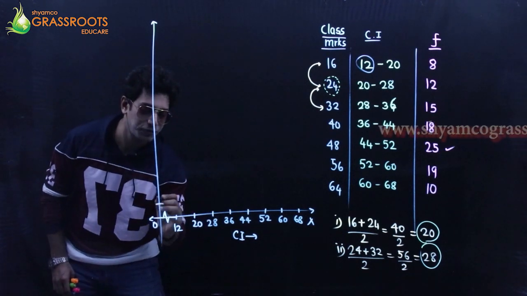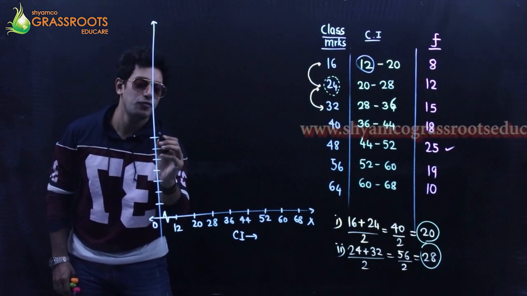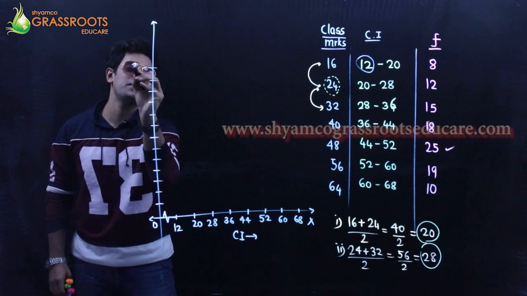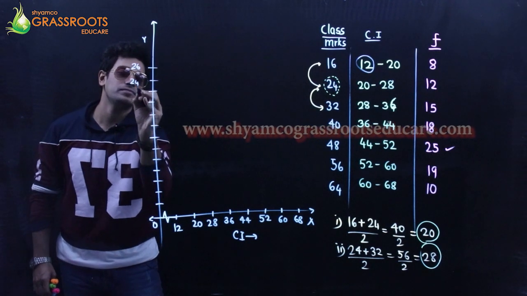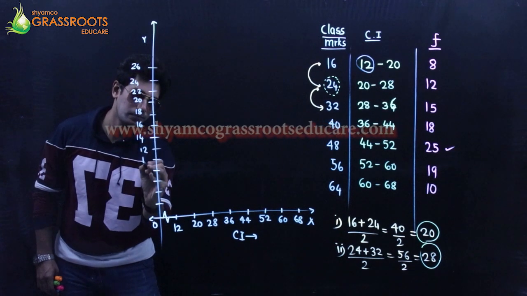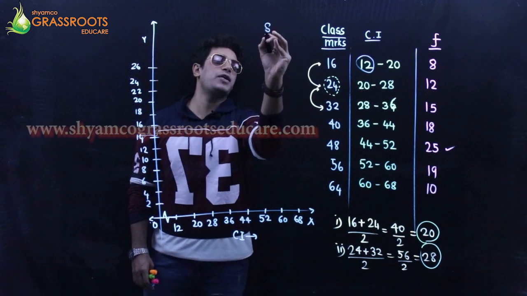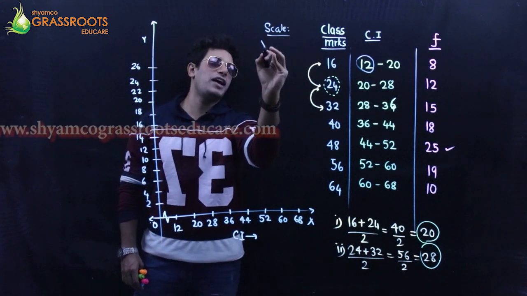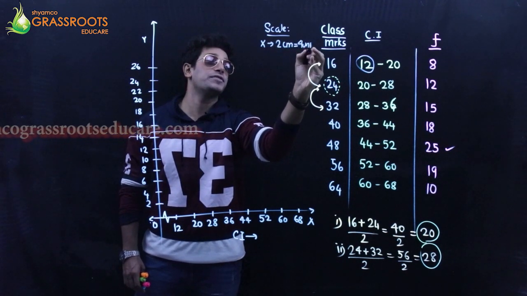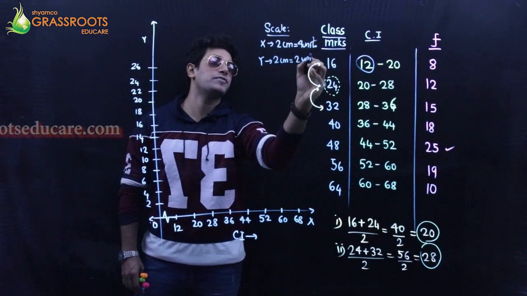On the y-axis, we have 2, 4, 6, 8, 10, 12, 14, 16, 18, 20, 22, 24, 26. If you write the scale, on the x-axis, we get 2 centimeter equals 4 units, and on the y-axis 2 centimeter equals 2 units.